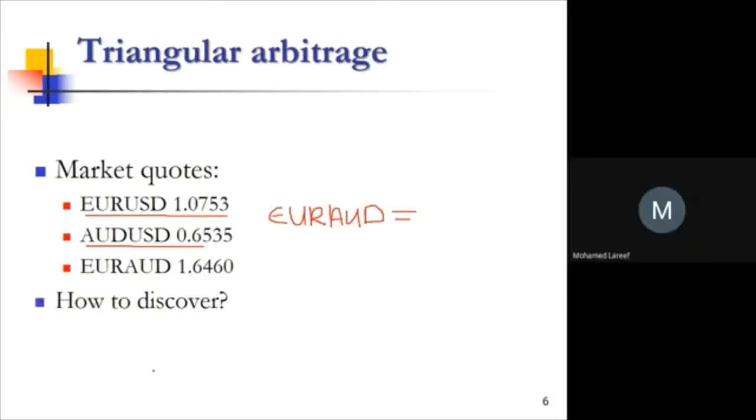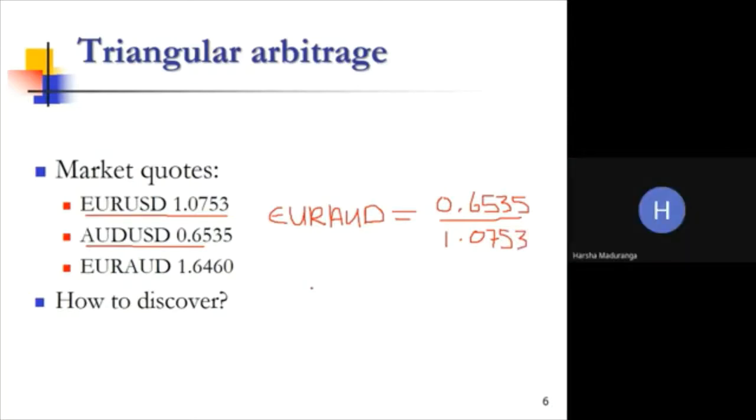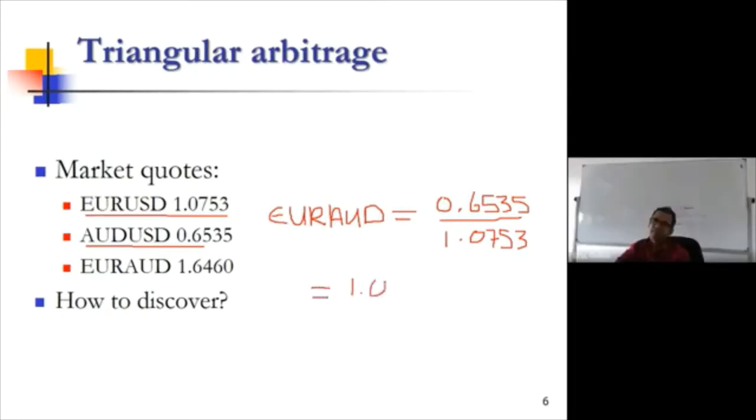So that is 0.6535 divided by 1.0753. Any other answer? So it's the other way around: 1.0753 divided by 0.6535.